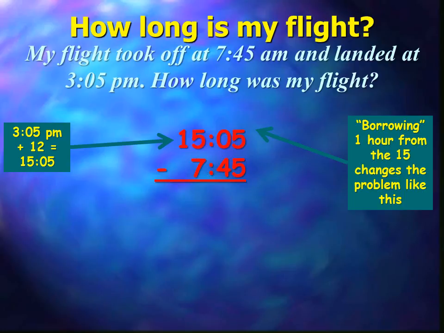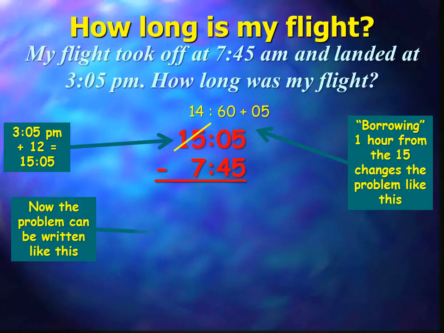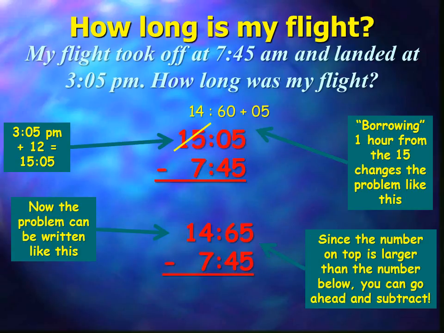Borrowing 1 hour from the 15 changes the problem and makes it look like this. First, we take 1 hour away from the 15 and take those 60 minutes and add them to the 5 minutes that we have already. So now the problem can be written like this: 14 hours, 65 minutes, subtract 7 hours, 45 minutes.